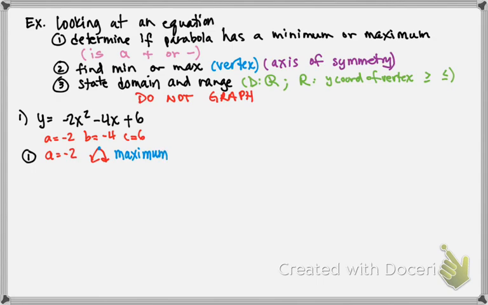Okay, second, we're going to find that actual minimum or maximum, and we're going to do the axis of symmetry. So we go through that process.